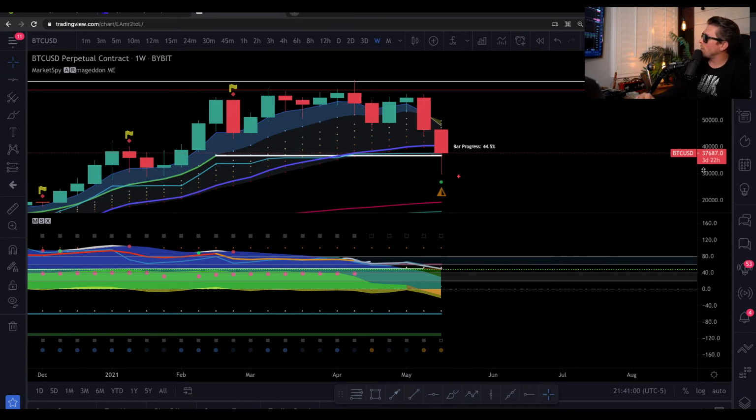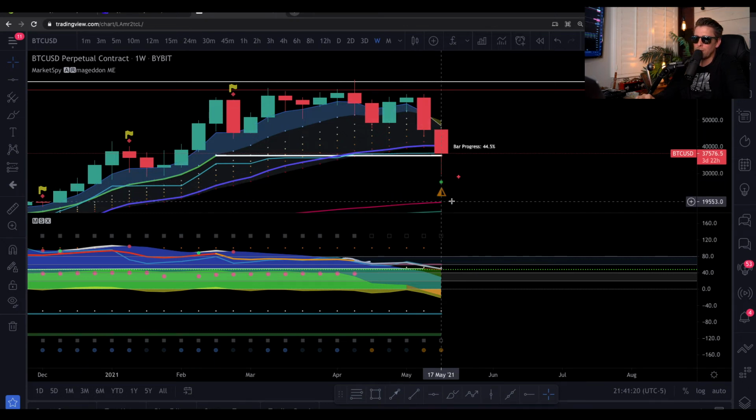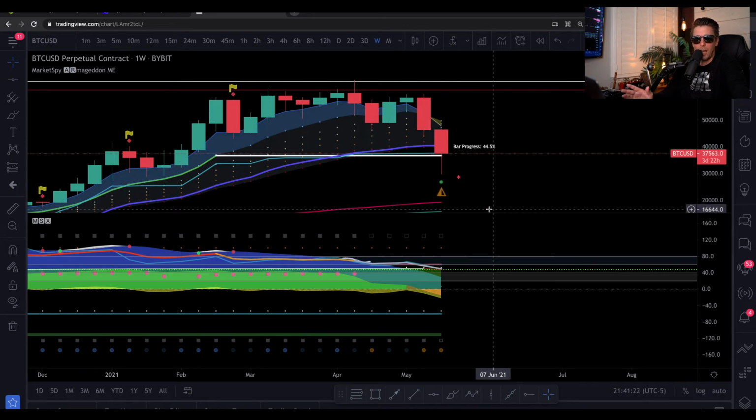Now we have 3 days and 22 hours to go until this weekly candle closes. But make no doubt about it. If we close with this green dot and this triangle, I am taking that as a reversal. When it does this on higher time frames, I rarely see it wrong, okay?